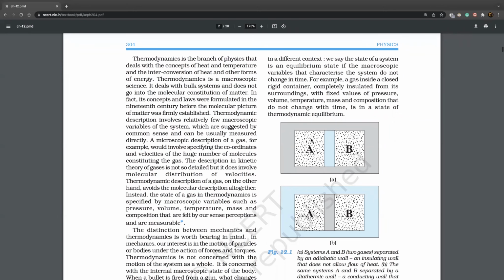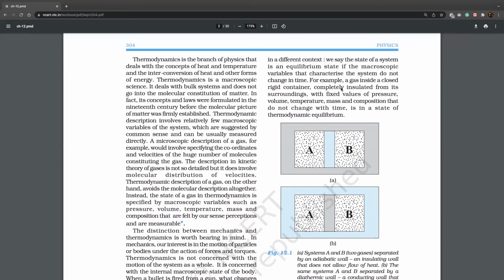So we say the state of a system is an equilibrium state if the macroscopic variables that characterize the system do not change in time. That means pressure, temperature, and volume are constant at that equilibrium state, and there's no drastic net change in the system or its surroundings.